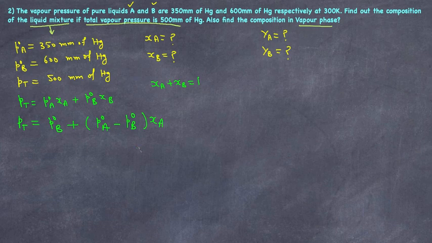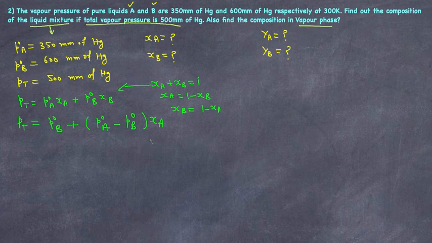I just got this by plugging in the value of XB, which is 1 minus XA. You can try it and easily rewrite this equation in this format.